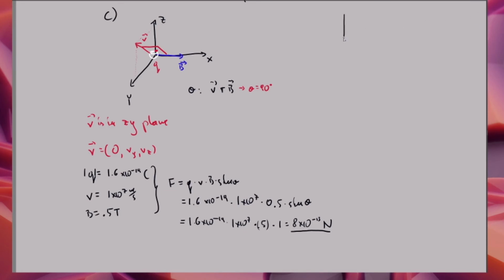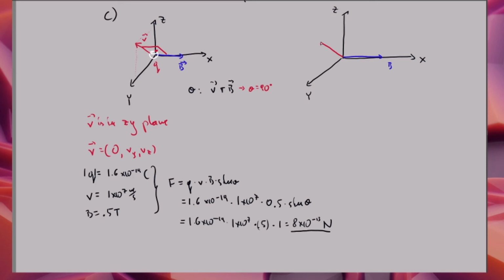All right, so let's redraw this. Here's the coordinate system again. So what I have is y, x, and z. Then I have the magnetic field that points in the positive x direction. So this is a magnetic field B. I have the velocity vector. The velocity vector is entirely in the zy plane.